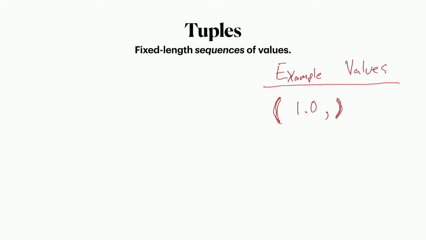All right? But it's pretty uncommon to have a single value tuple. Like the whole point of a tuple is you want to have multiple values. Like we wanted an XY coordinate, right? So much more common would be an open parenthesis, 1.0, 2.0. Right? And that would be a tuple with 2 float values in it, 1.0 followed by 2.0.